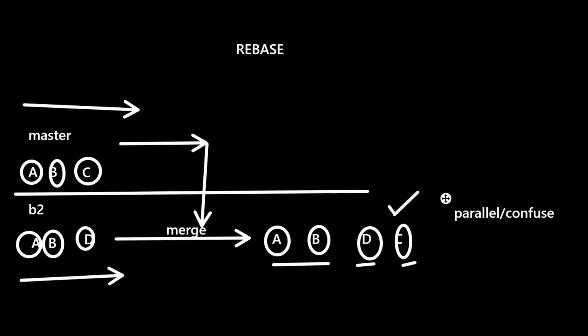So what I want is, yes, I want to integrate changes from master to B2, but I want the log history to be A, B, C, and D. Means C should be added in between B and D. Why should it be added between B and D?